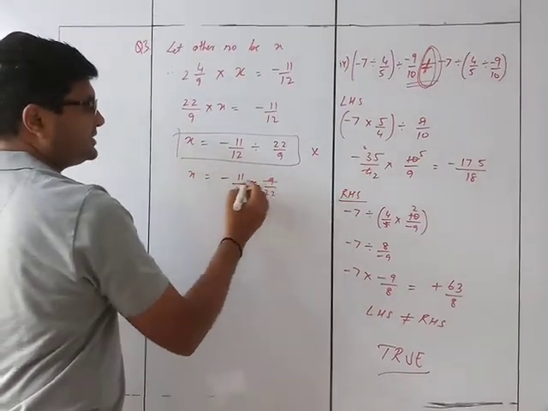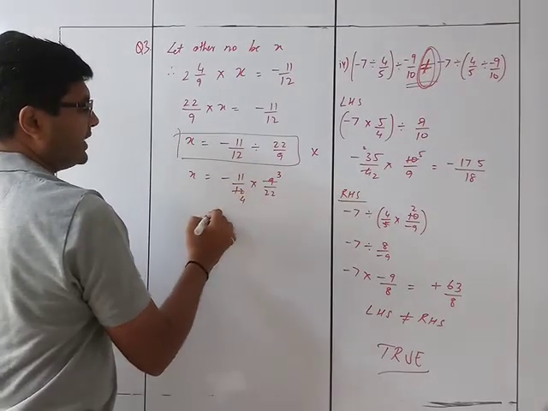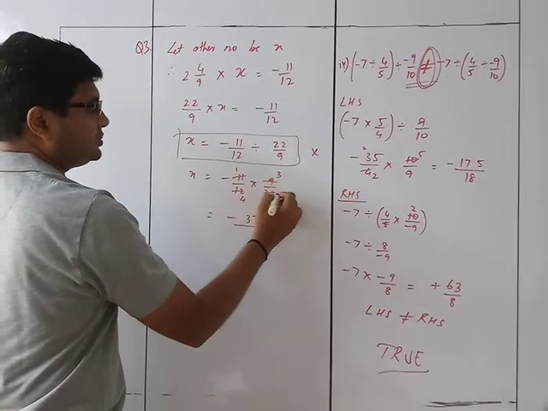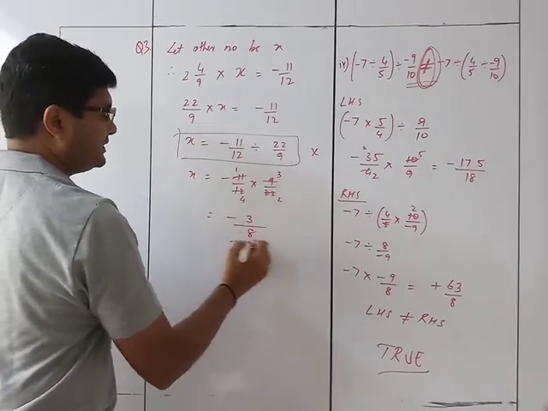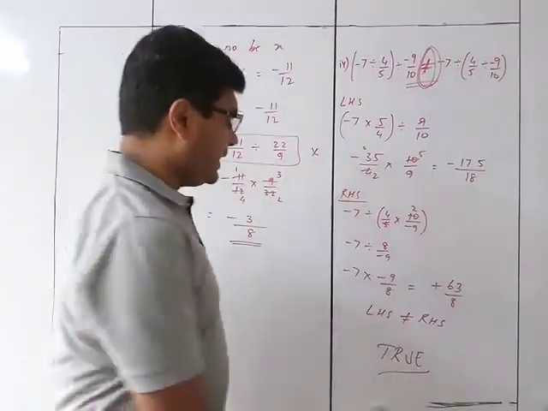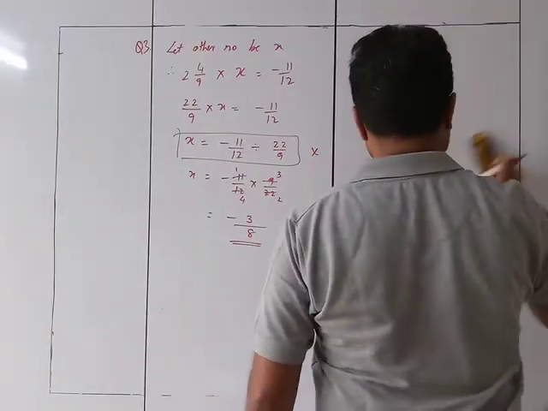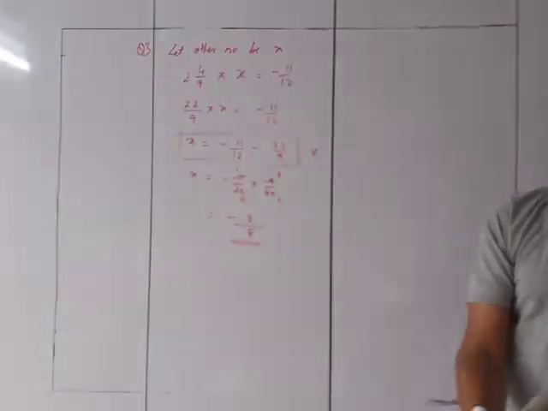So I can cancel this further, that 3 3s are and 3 4s are. So that will give you minus 3 upon, this also 1s are and this 2s are. So it will be minus 3 upon 8 as the final answer. Okay, so the answer is minus 3 upon 8. That was question number 3 of this exercise 1.4.